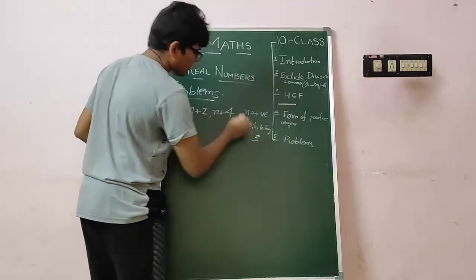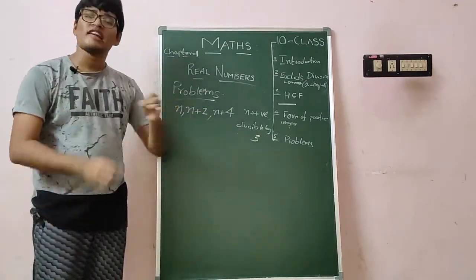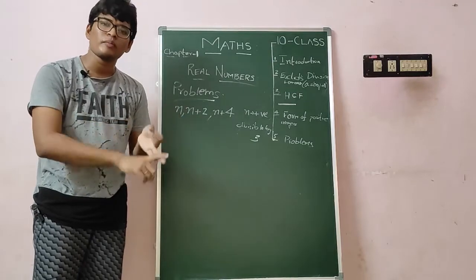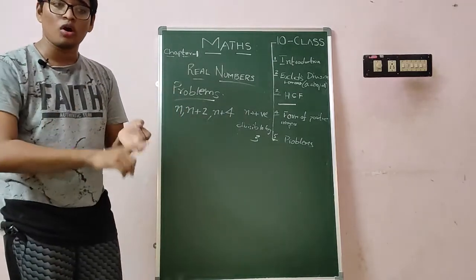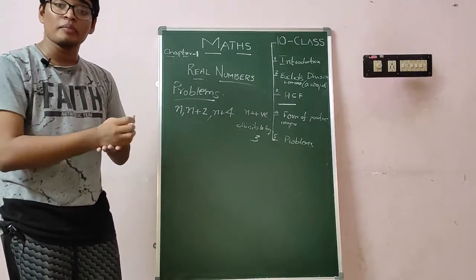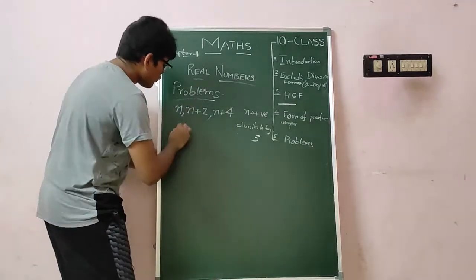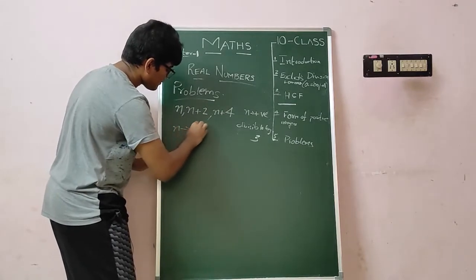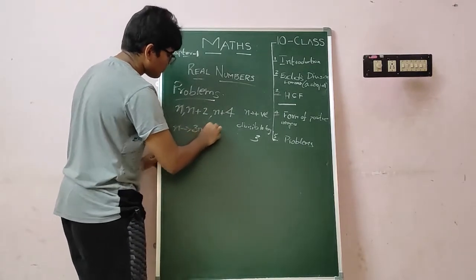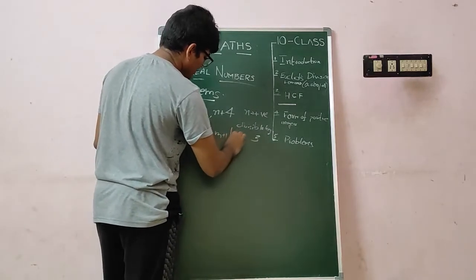So to make it easier, we can take n in any form, 2m plus 1, or 4m plus 1, 4m plus 2, or 4m plus 3. But for making our problem easier, we'll take this n as 3m or 3m plus 1 or 3m plus 2.